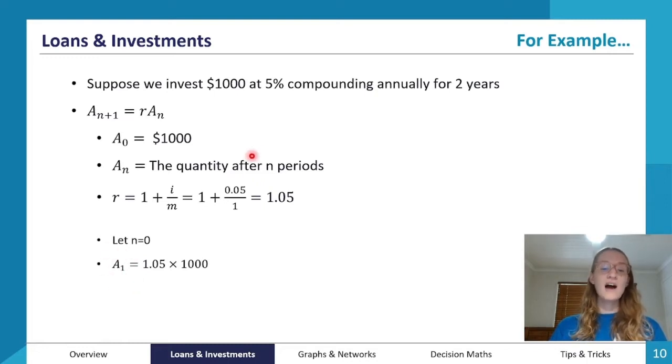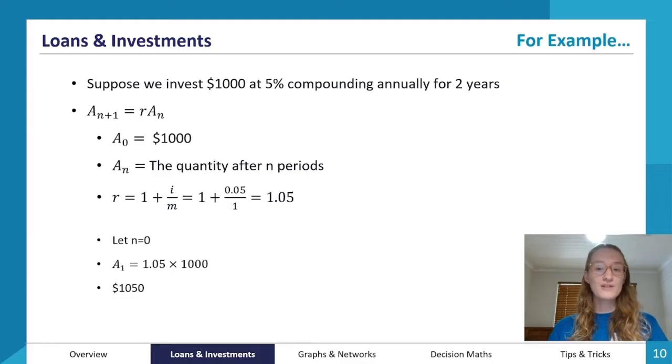The amount after 1 period, the amount after 1 year, in this case, is equal to 1.05, the factor by which it's growing, multiplied by the amount that we had to start with, which is $1,000. And that gives us $1,050. So here we can see that the quantity after 1 year is $1,050.